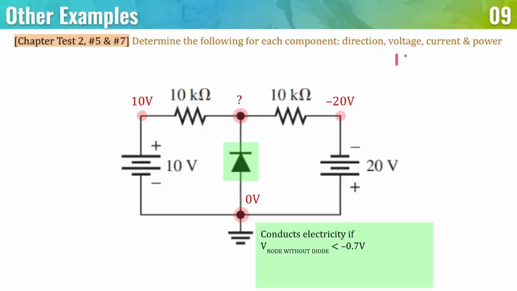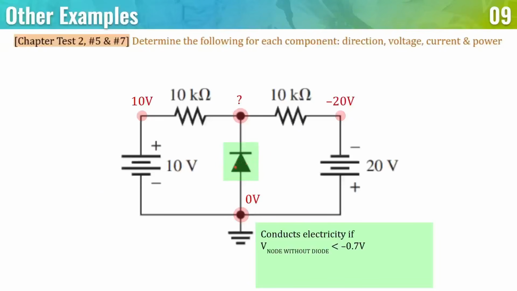So 10 plus negative 20 over 2 is going to be negative 5. So the voltage at this node is going to be negative 5 volts, assuming that the diode is off.